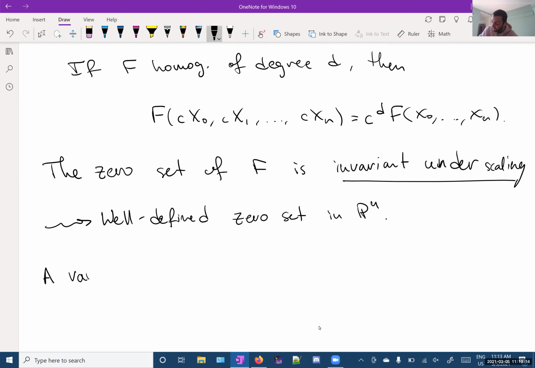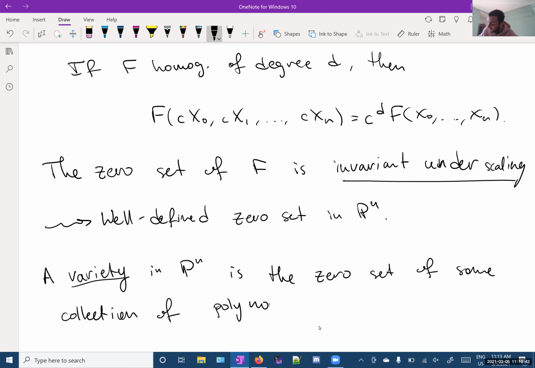I'll just write: a variety in P^n is the zero set of some collection of polynomials. Okay. So when we talk about varieties, this is what we're referring to.